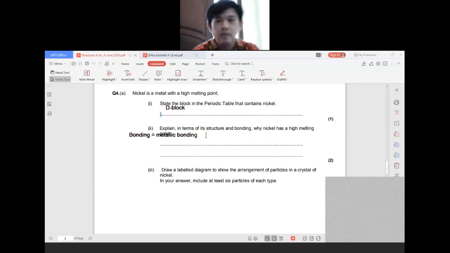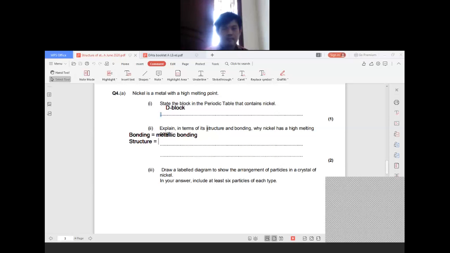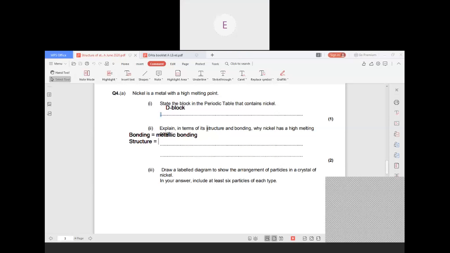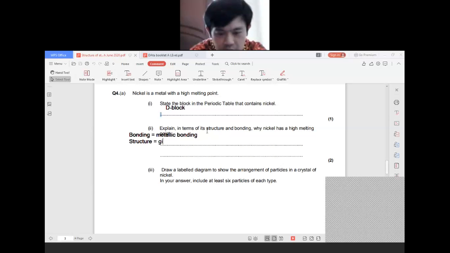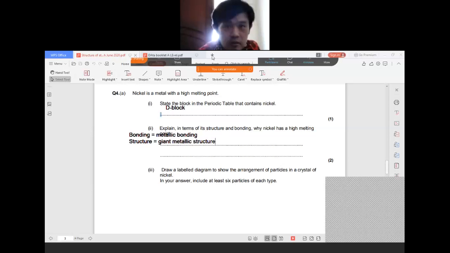Correct. And then what would be the structure? It is a giant metallic structure.